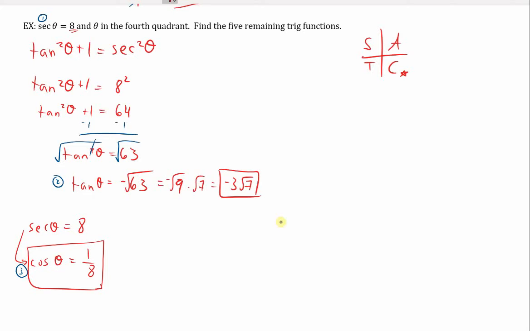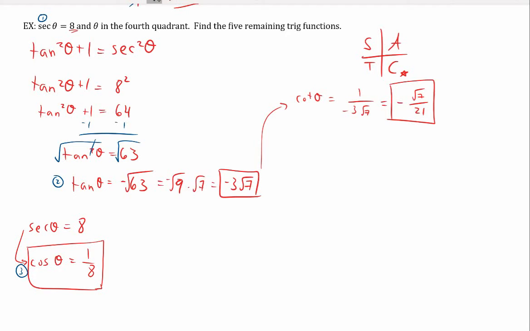Now if I want to find the cotangent function, I'll take the reciprocal. That's 1 over negative 3 square roots of 7, which if you put that on a test, I'm probably going to give you credit for it, but I would like to see you rationalize it. When you do rationalize it, you get negative square root of 7 over 21. Not the greatest looking number, but it's fine.